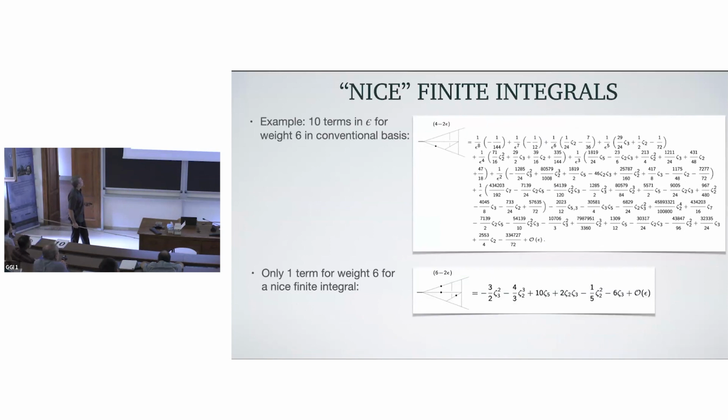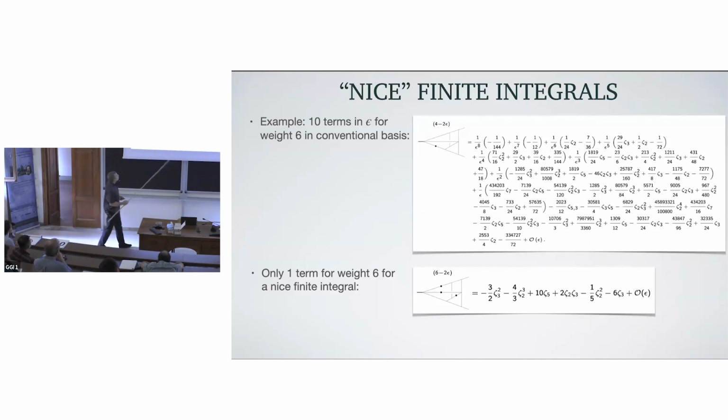So I want to point out that the exact choice of integral can also have a major impact on how complicated the expressions are that you're going to compute. I've written down different epsilon expansions for different integrals. And these are the terms I would need to get complete weight 6 information to be used in some amplitude calculation, say.